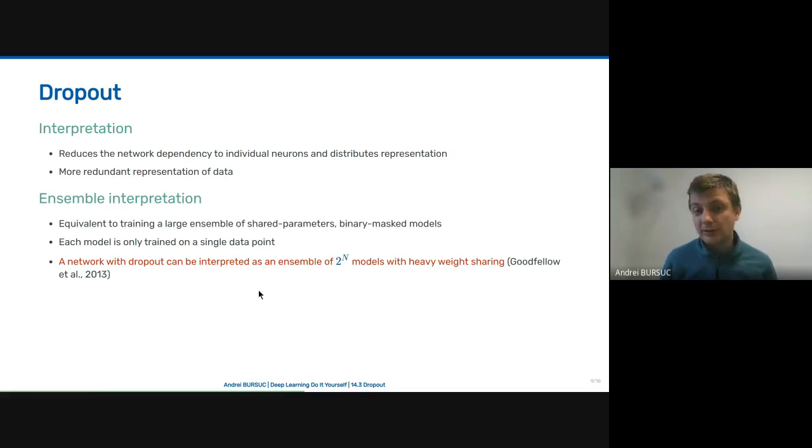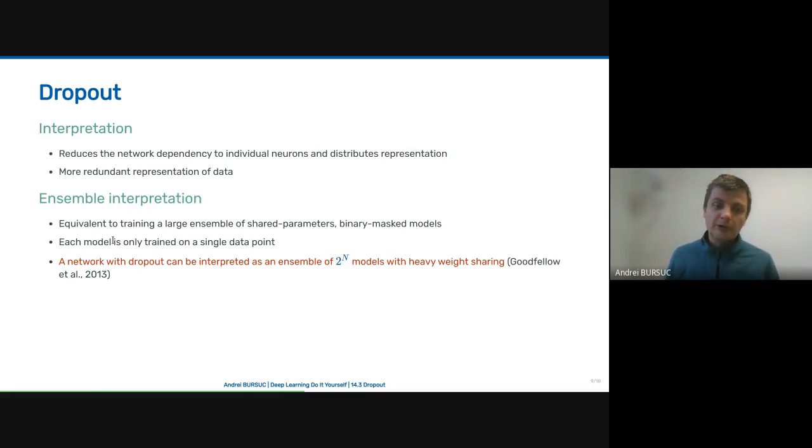But this is actually overfitting. So that's what we try to address with Dropout, to not allow this behavior and to distribute the representation for each image and for all the features across the entire set of neurons in our network.